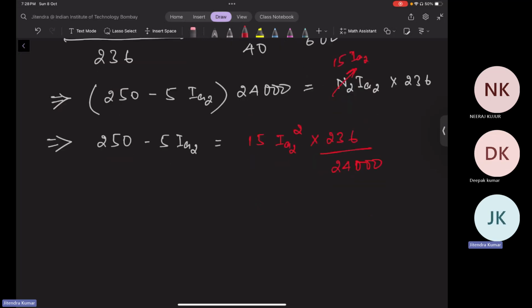Okay, so I think we will end up with one quadratic equation, Ia2 square into 236 into 15 divided by 24,000. So it is 6.8. This whole component is 6.8. Let me circle it.